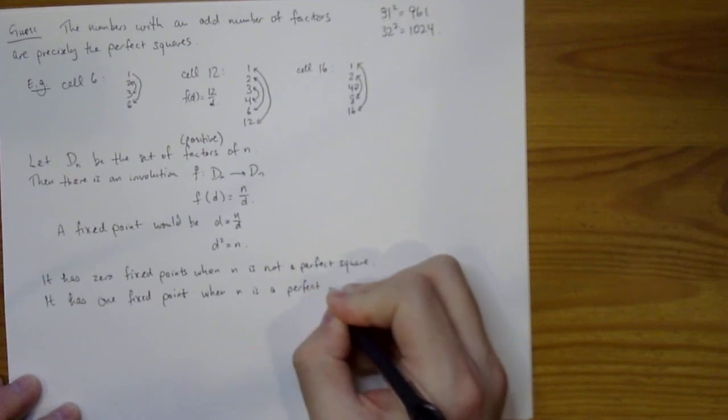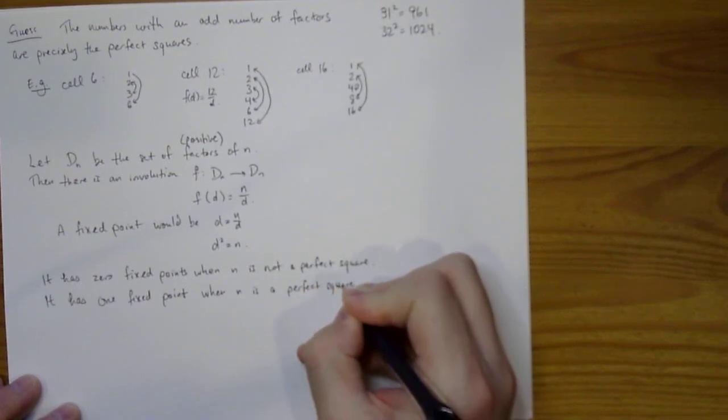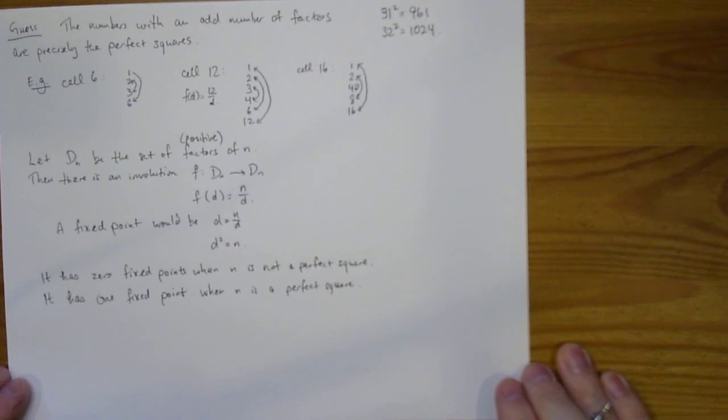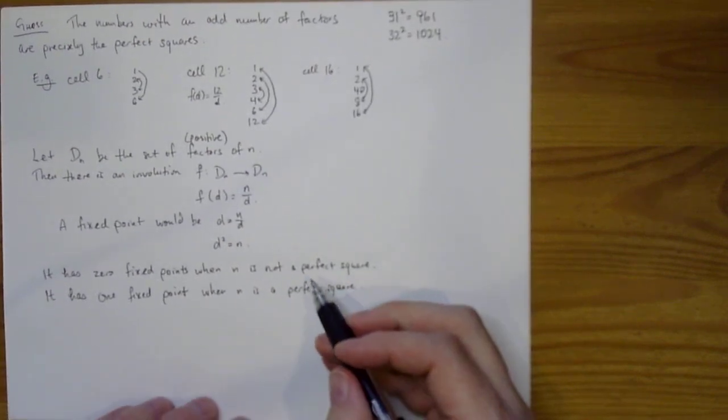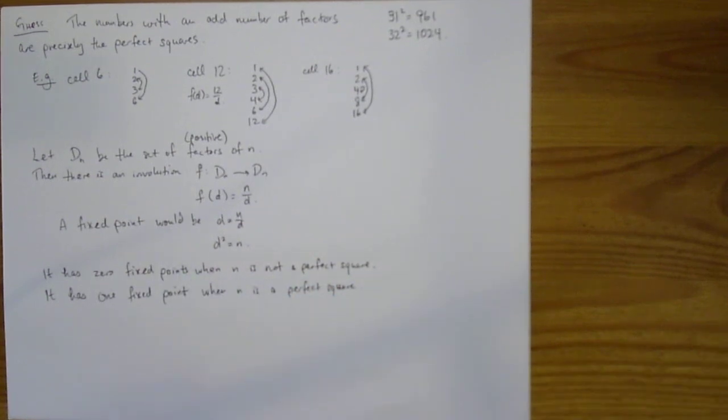And that means, by our proposition, by our observation, that if you want to count, so this is kind of backwards, right? The proposition said, if I know whether my set has an even or odd number of things in it, then I know that my number of fixed points is even or odd. But it works the other way, right? If the number of fixed points is even, then the set has to have an even number of things in it. If the number of fixed points is odd, then the set has to have an odd number of things in it.